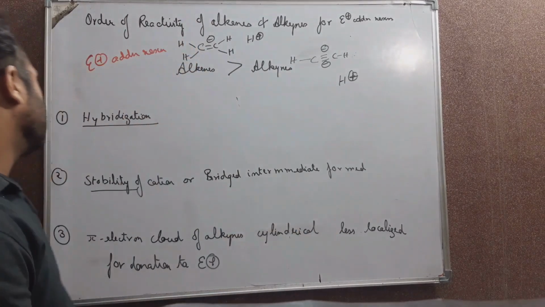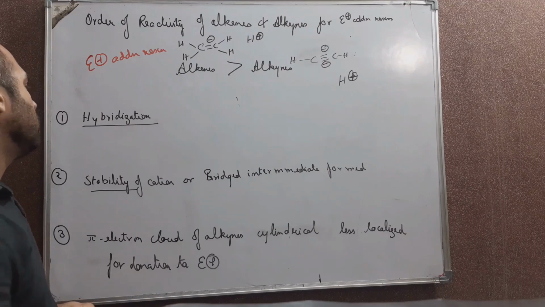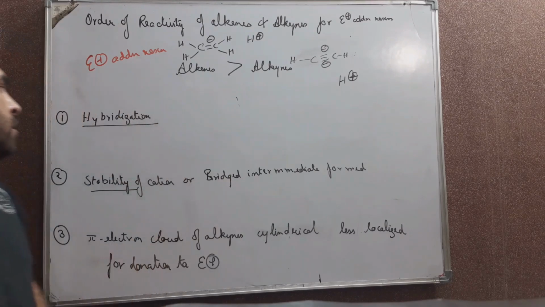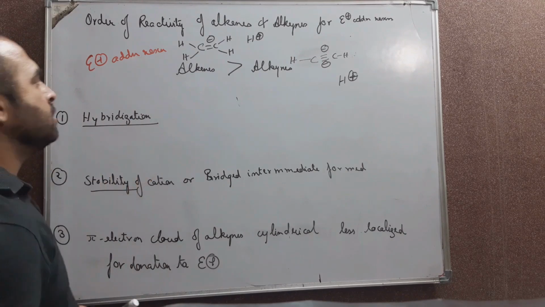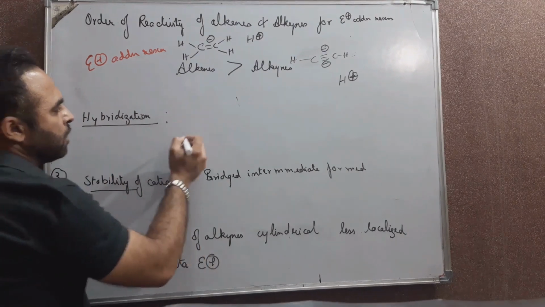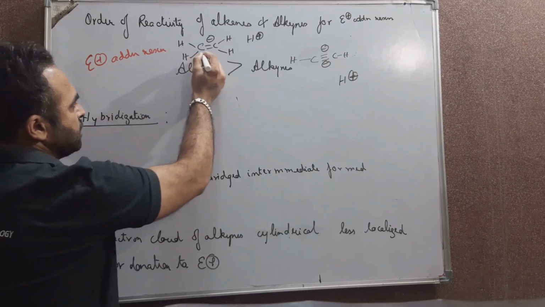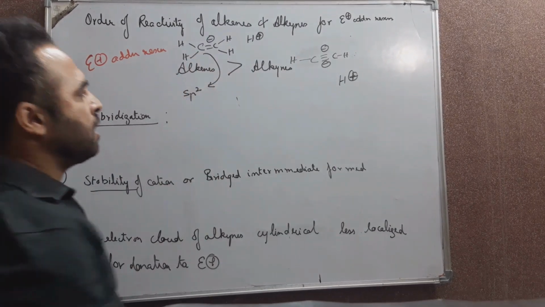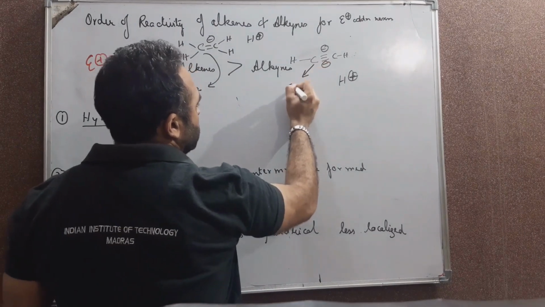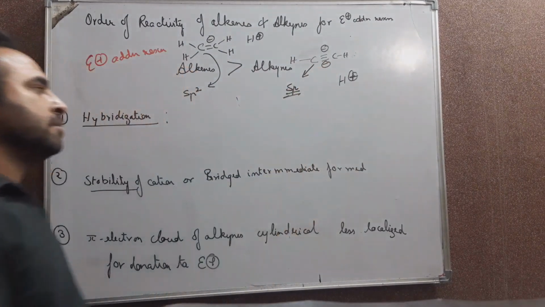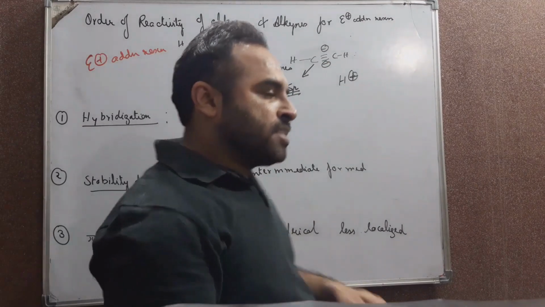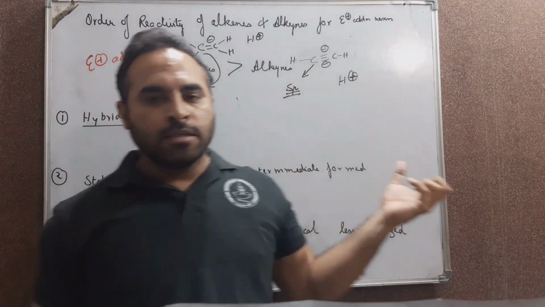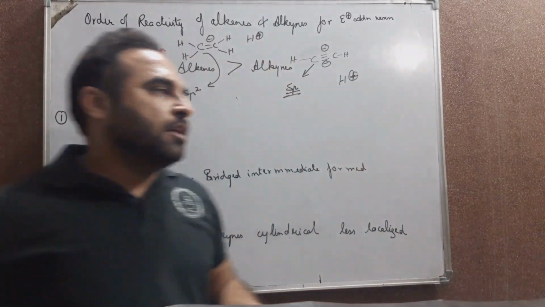Why? These are some of the reasons responsible for the observed behavior. The first is hybridization. You know very well that in alkenes the carbon is sp2 hybridized, and in alkynes the carbon is sp hybridized. The more s character in the hybridized orbitals, the more the electronegativity of an atom.